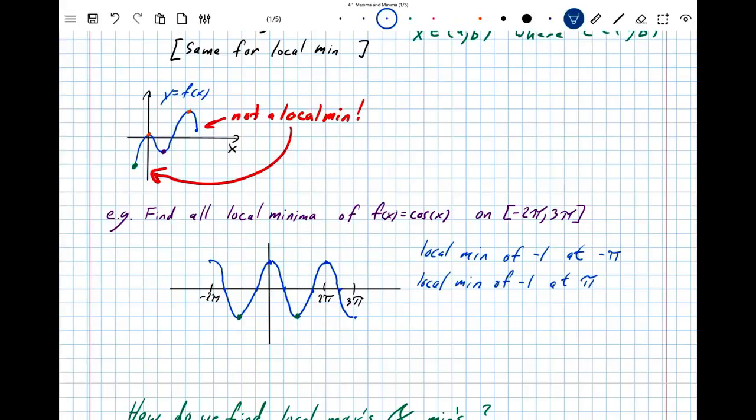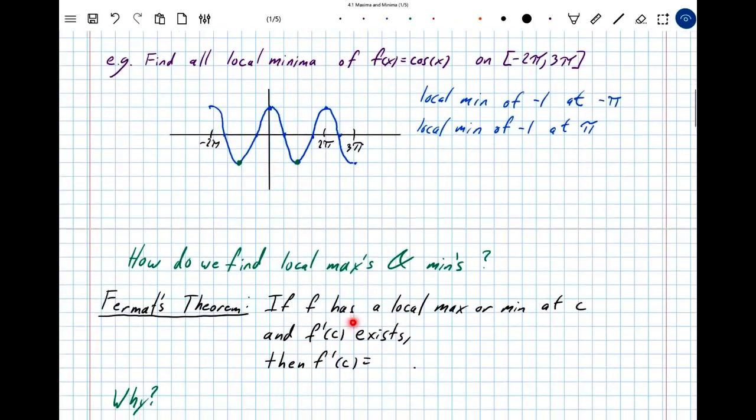Okay, so 2 local minimums. Those are also both going to count as my global minima, but the big difference here is that these endpoints don't. So you can have as many local minima as you want. If I made this an infinite domain, then I would have infinitely many local minima.